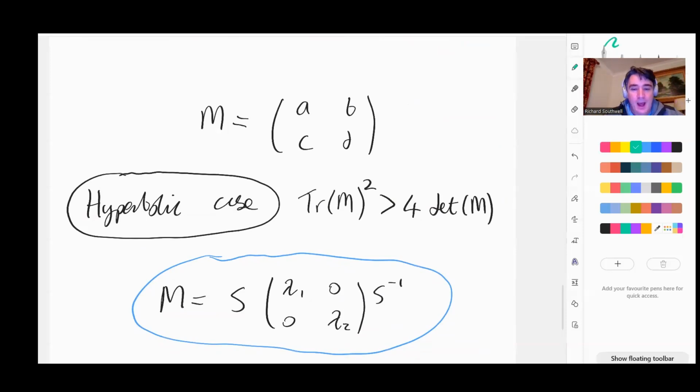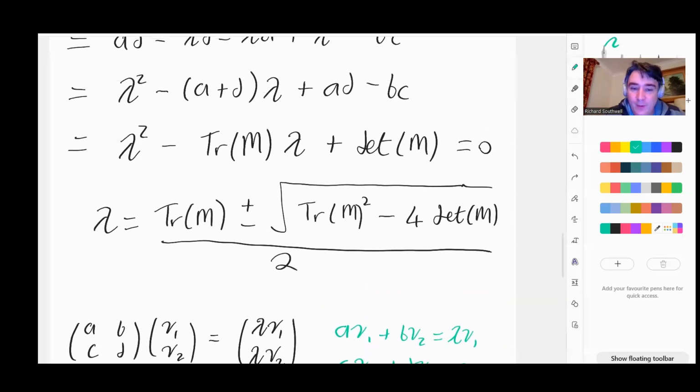And what's governing these cases is really the nature of this kind of inequality. You know, is this a greater than sign? Is this an equal sign? Or is this a less than sign? And where does this inequality come from? Well, what we're basically doing is we're comparing this entry with this entry in this equation.